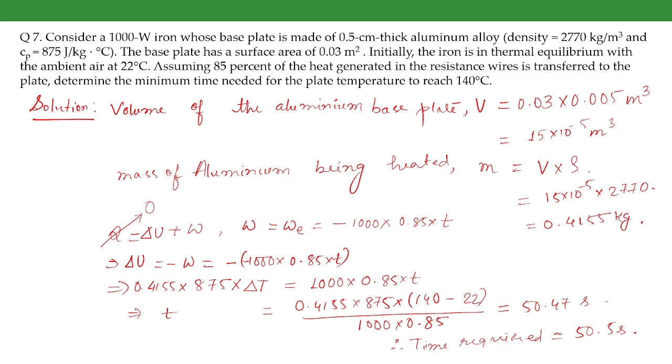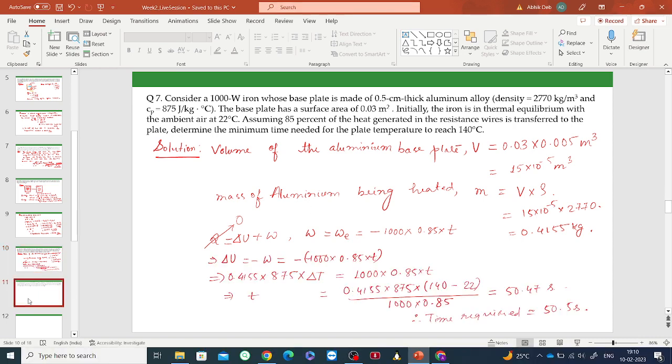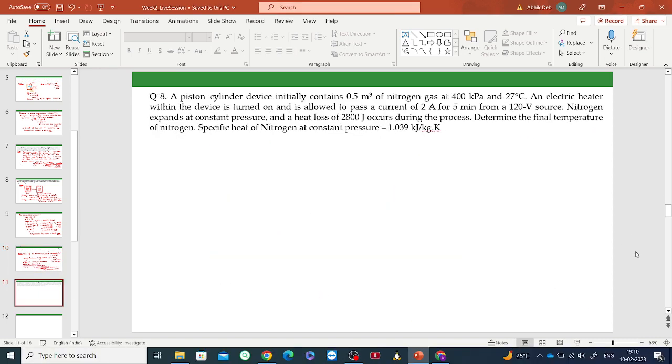Depending on this time, we can say how fast the iron will become heated to a particular temperature. So that is how we choose the setting of an iron. I hope it is clear to everybody.